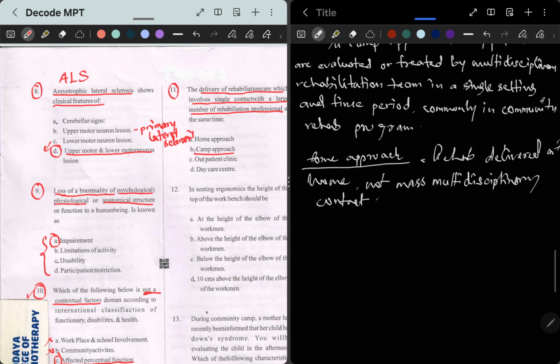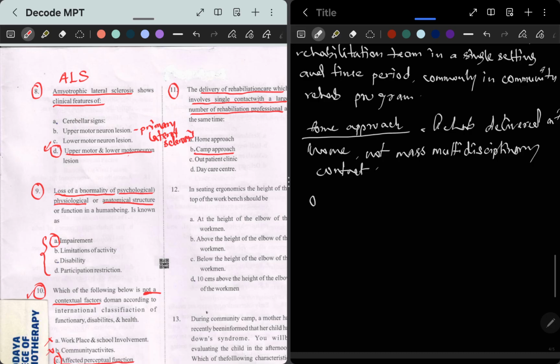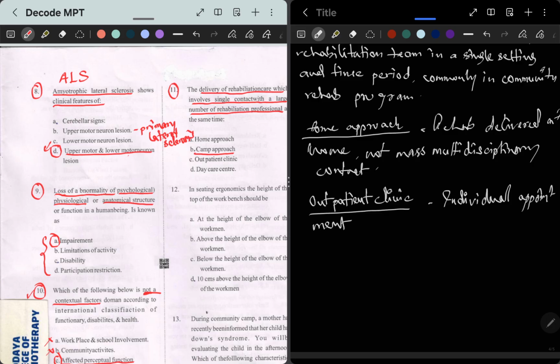Outpatient clinic: here there are individual appointments, and large scale professional interactions do not happen. The last option is the daycare center.